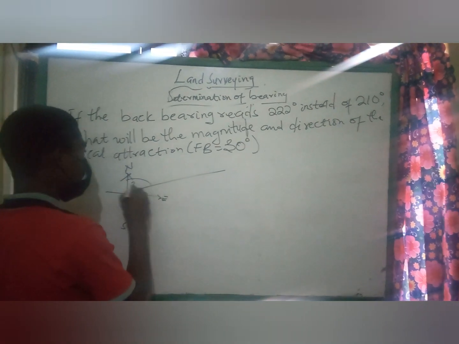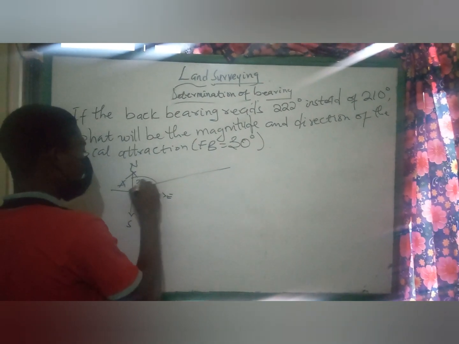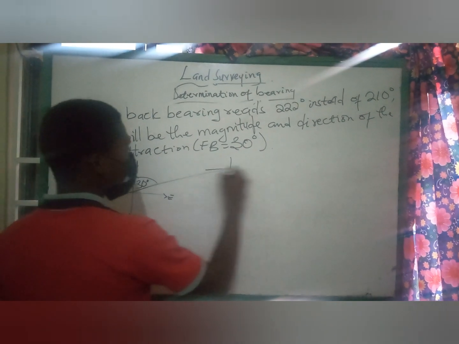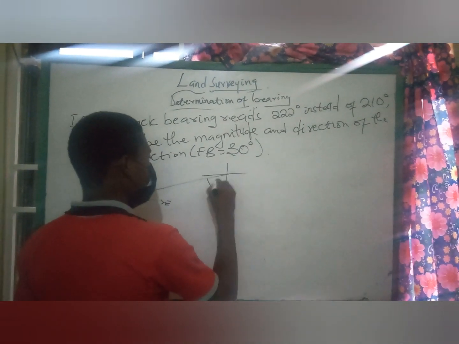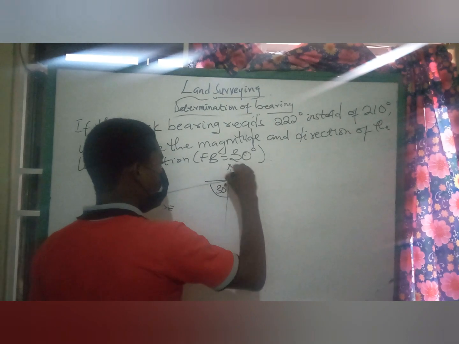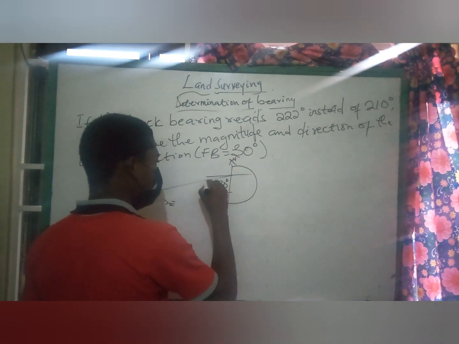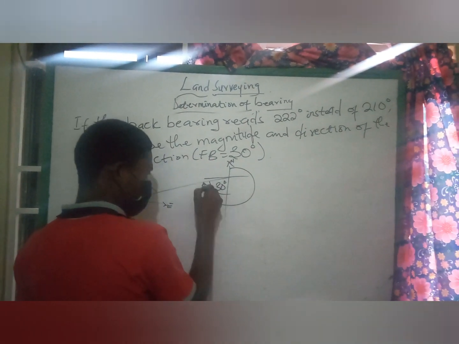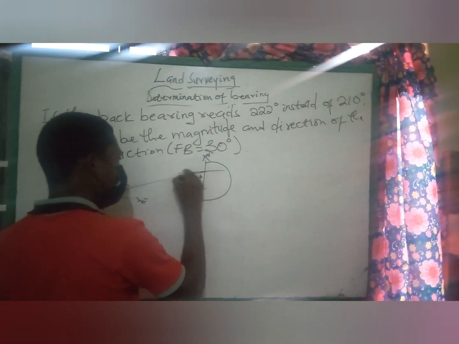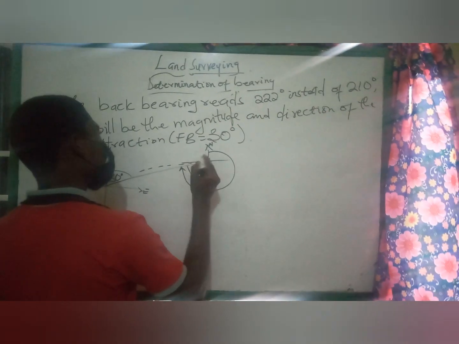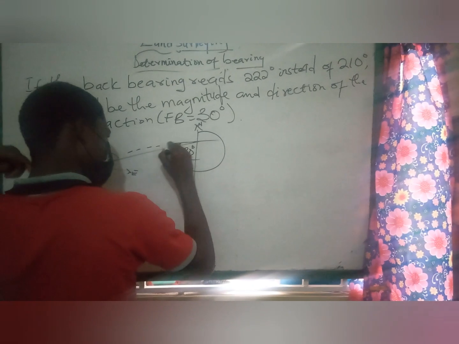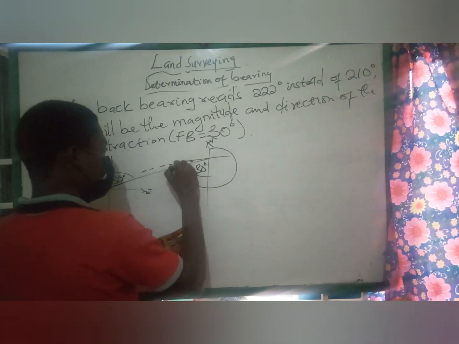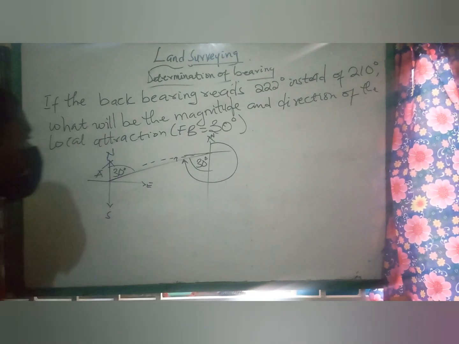In normal circumstance, the forward bearing, which is station A, was 30 degrees, and automatically I should have gotten 30 degrees here. But this time around, from the north down to this side, I'm reading 210, but they said I should read 222. So what will I add to it to give me the value of this distance?